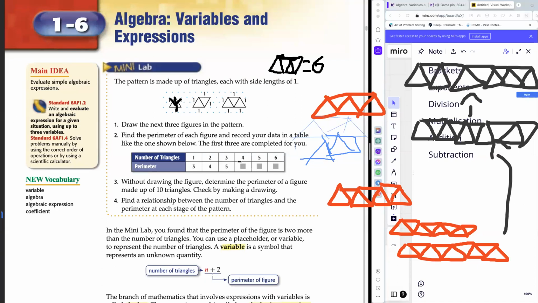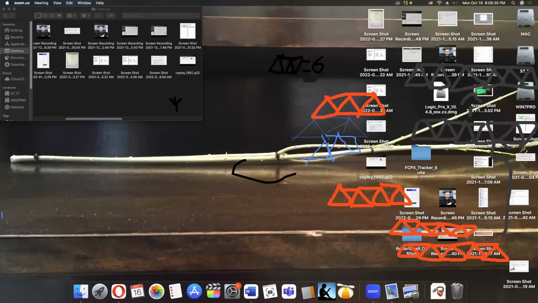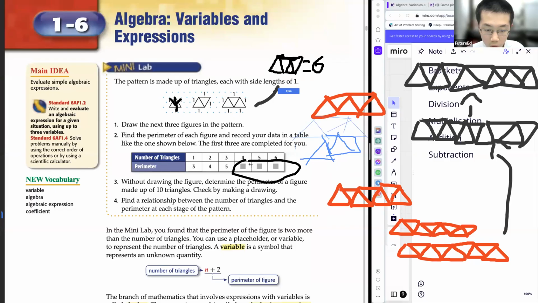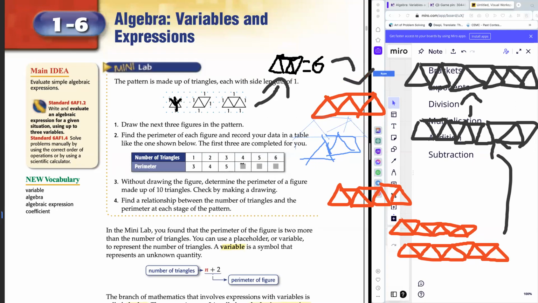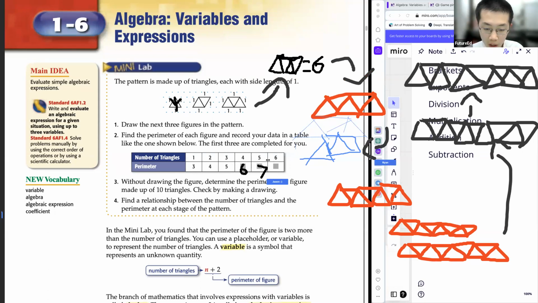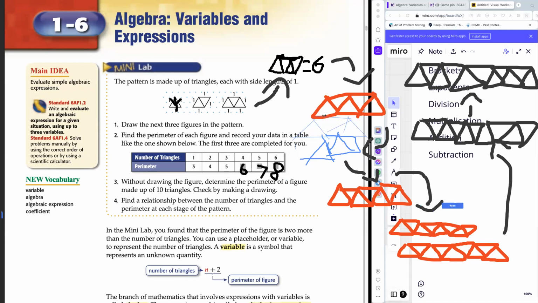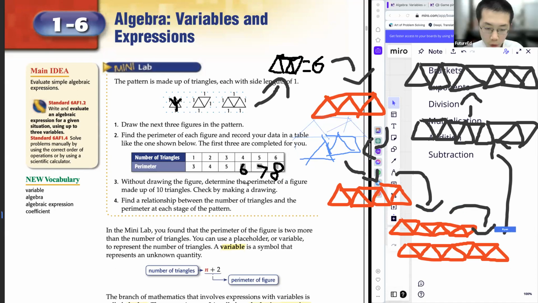Can you fill in this one, please? Okay, so that's a 6. Yes, you would fill it in that way.